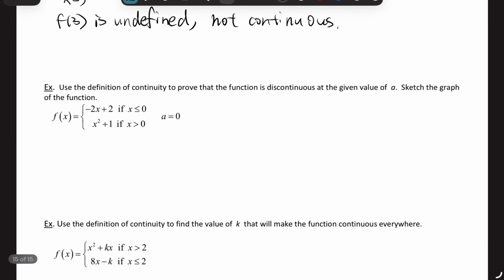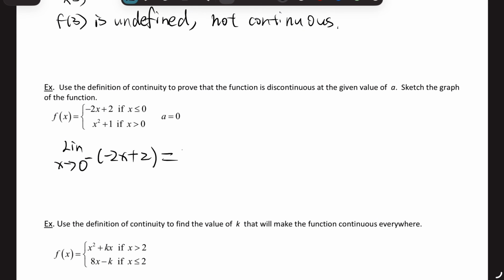We have to use the definition of continuity to prove the function is continuous at a given value of a, and a equals 0. Again, when you see a piecewise function, you always have to use left limit and right limit. What is the left limit? So it's x approaching 0 minus. Since it's smaller, we have to use -2x plus 2.